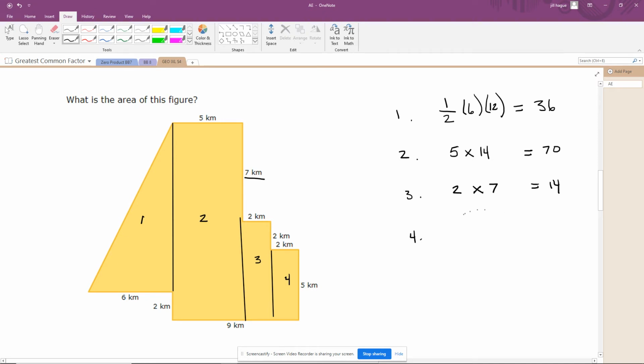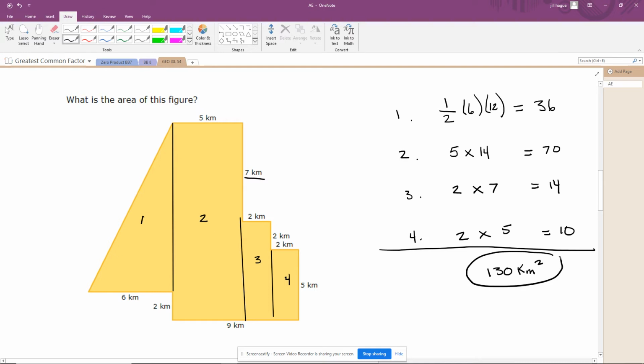And the last one, 4, is a base of 2 times the side of 5, which is 10. Add those all up, and we get 106. 106 plus 14 is 120, plus 10 is 130 kilometers squared, or square kilometers. And that would be your answer. Okay, moving along, they get a little trickier.